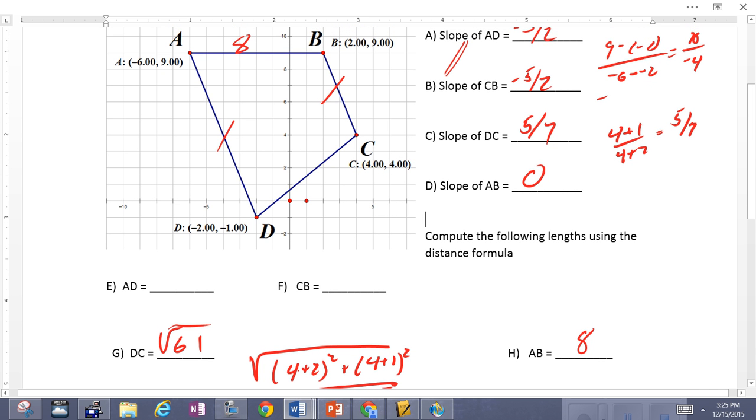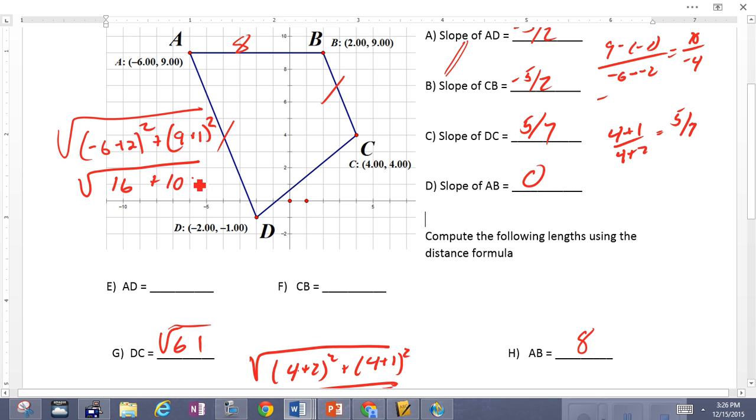Let's just, for good measure, find these other lengths, which we're going to have to do at any rate. So the distance for AD is going to be negative 6 minus a negative 2, which is negative 6 plus 2, squared, plus 9 minus negative 1, which is 9 plus 1, the quantity squared. So negative 6 and 2 is negative 4, negative 4 squared is 16, plus 10 squared, which is 100. So I'm going to call this the square root of 116, which I'll just leave at that.